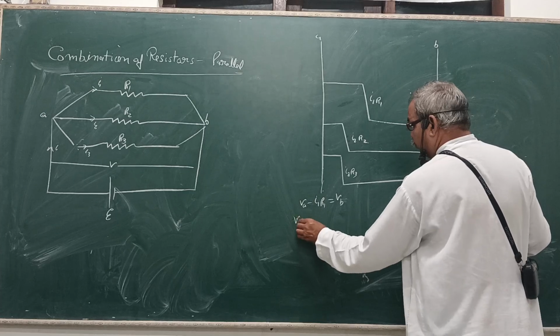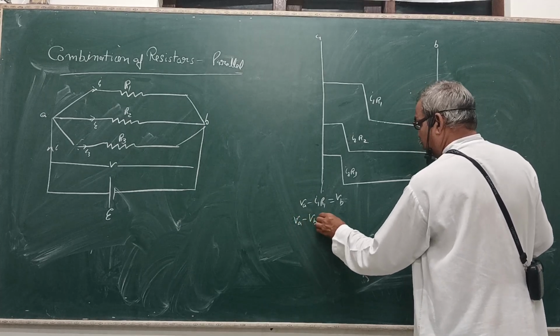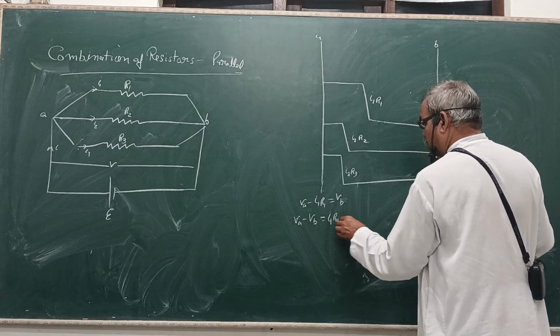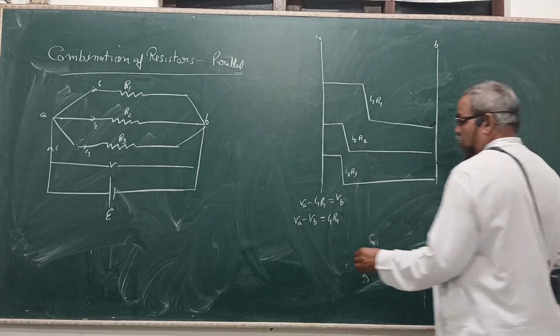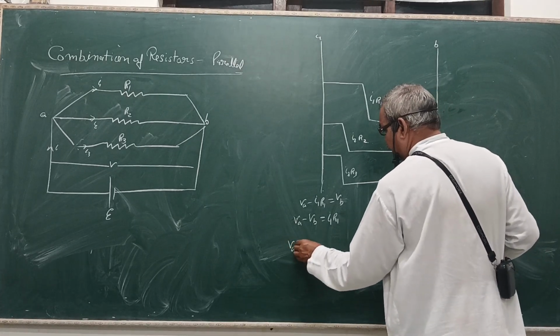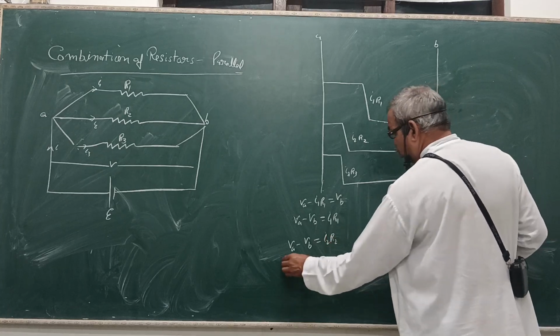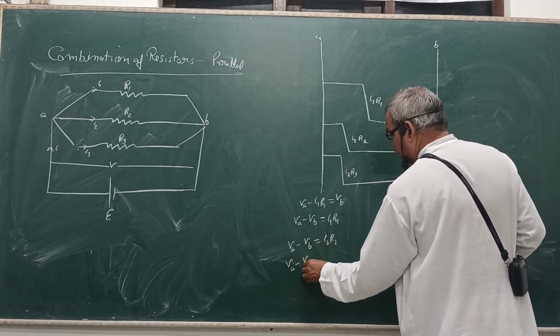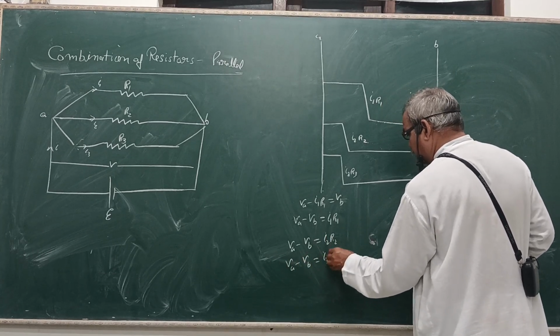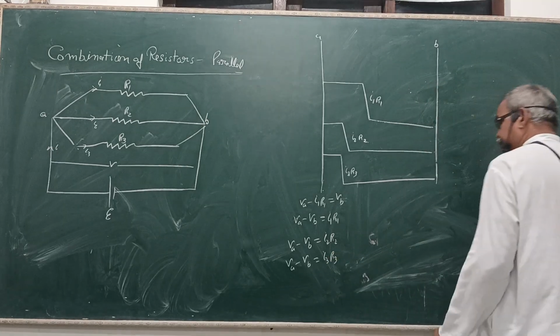So VA minus VB is equal to I1 R1, and second, VA minus VB is equal to I2 R2, and VA minus VB is equal to I3 R3.